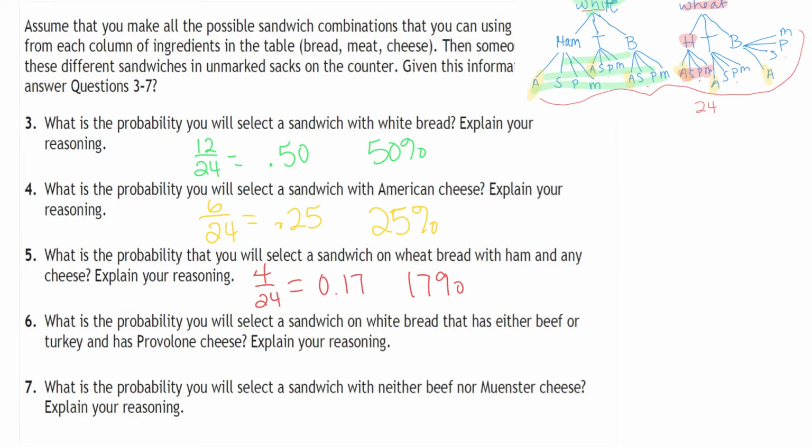What's the probability that you will select a sandwich on white bread that has either beef or turkey and has provolone cheese? So, white bread, beef or turkey, and has provolone cheese.